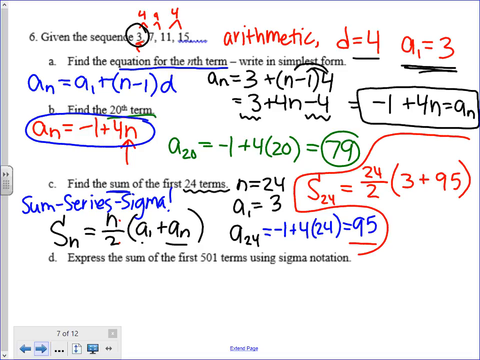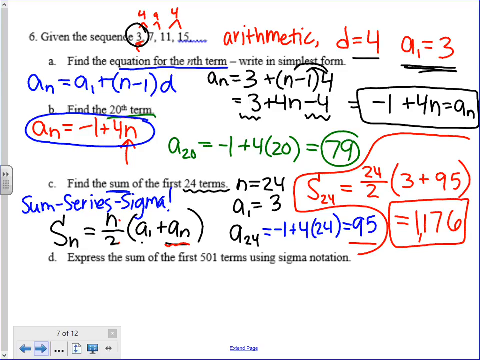When I use my calculator to simplify that, it tells me that the sum of those 24 terms is 1,176. So that's the answer to part C, the sum of the first 24 terms. So if you do not know the 24th term, a sub n, you have to do a little bit of extra work to find it first.